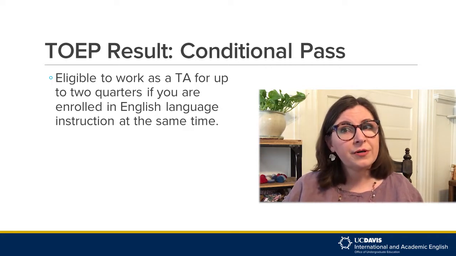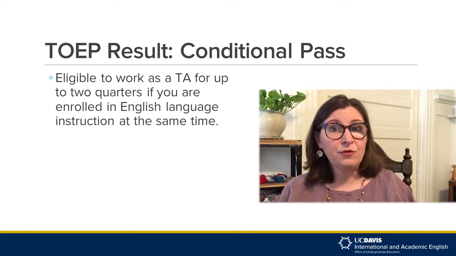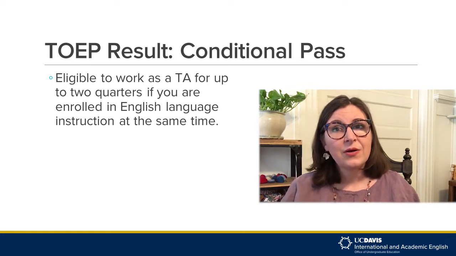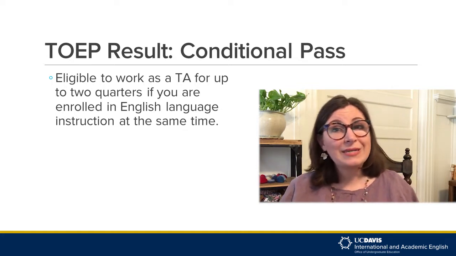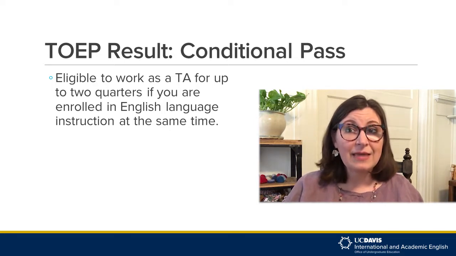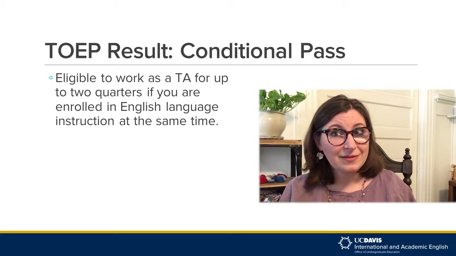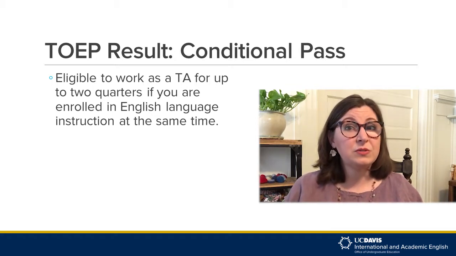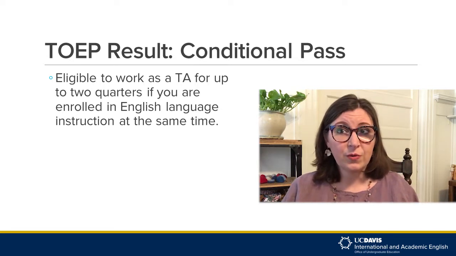The 2 quarters that you are permitted to serve as a TA are only allowed once, after you receive your first conditional pass. For example, if you received a conditional pass, then worked as a TA for 2 quarters, and then retook the TOEP and received another conditional pass, you would not be eligible to continue working as a TA until you received a pass on the TOEP.